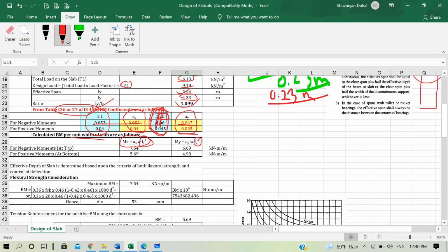Suppose, for example, for this negative moment at top, mx will be 0.053 into w into Lx square. Lx we have here 3.94, w we have here 9.19, and alpha x from this column and alpha y from this column.